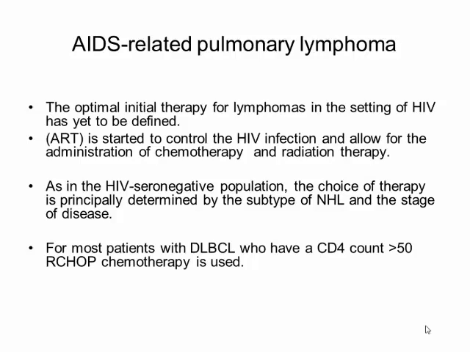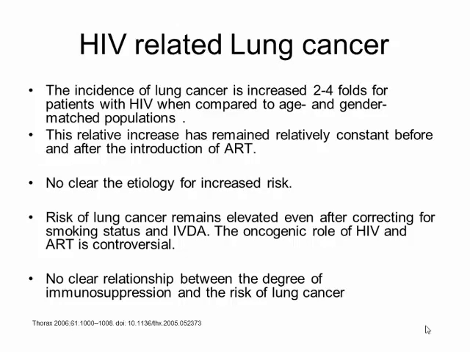For most patients, we're talking about HIV, they will have the diffuse, as we said, 60% diffuse large B-cell lymphoma. The CD4 counts are usually low. The usual therapy is R-CHOP chemotherapy. After they give them a little bit of antiretroviral therapy, just not to decrease the immune system, because they will be neutropenic.